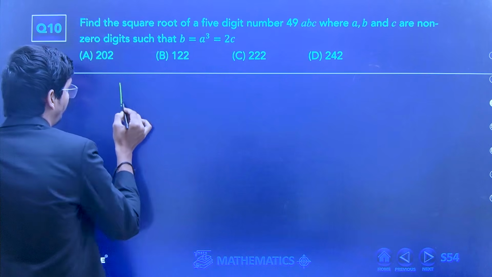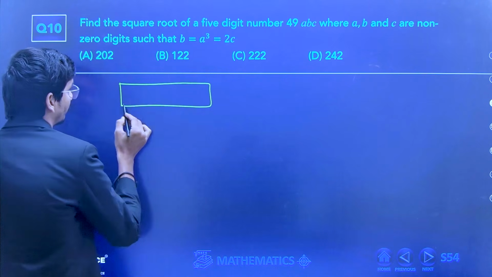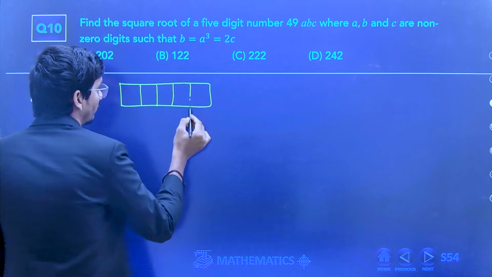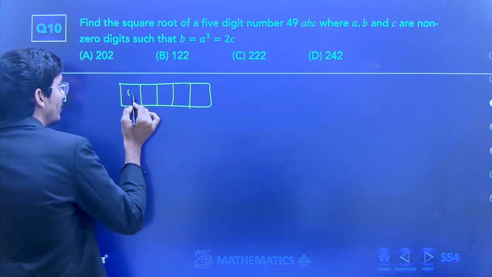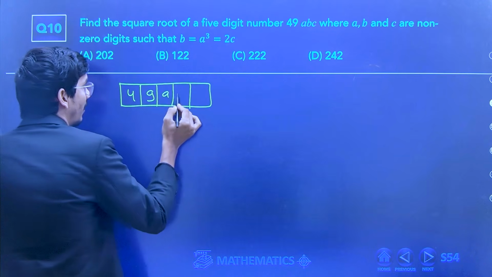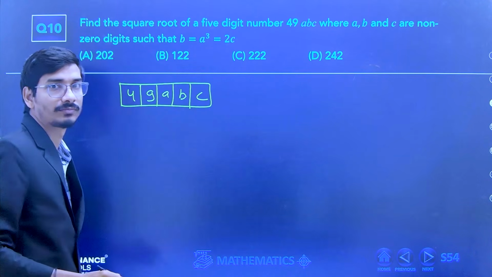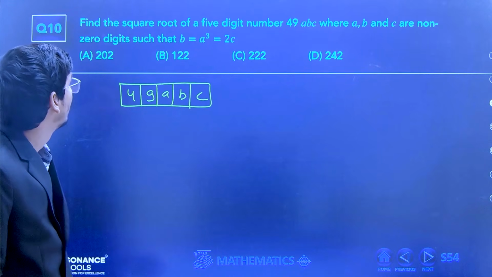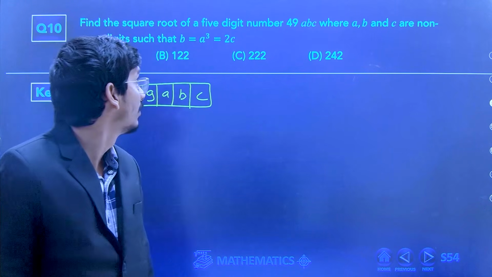It is a 5 digit number. The first 2 digits are 49 and the next digits are ABC. And according to the question, this number is a perfect square.